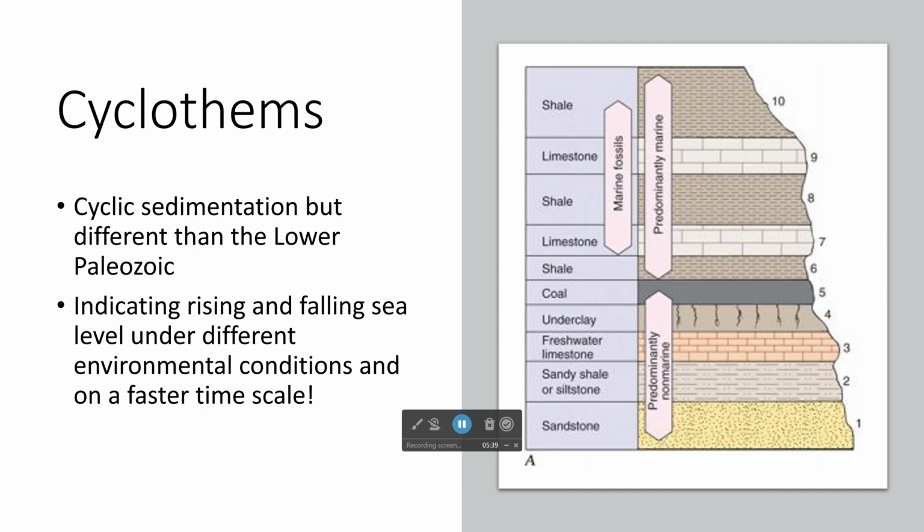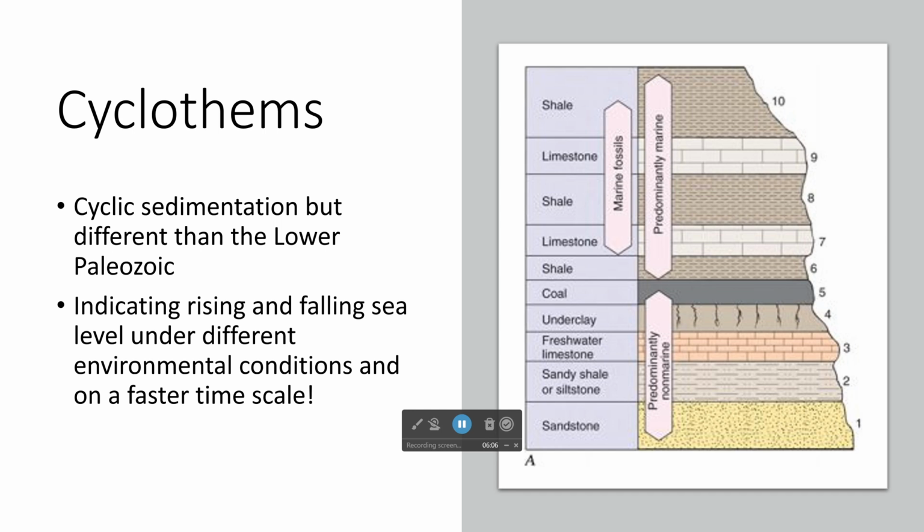So we see that in the Pennsylvanian and Permian rocks, there's this sequence of cyclic sedimentation. And this cyclic sedimentation is at a much quicker frequency than what we saw in the lower Paleozoic, which is something distinct. So these layers are changing at a faster rate. And it's indicating also rising and falling sea level, but under different environmental conditions, and as I said, on a faster time scale.